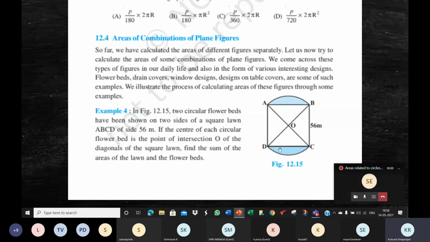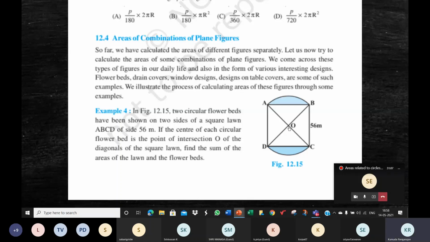I'll repeat the same thing with respect to this one. Since it's given that O is the center of the circular flower beds, that means with O as center and some radius, when a circle is drawn, this region is a part of that circle.